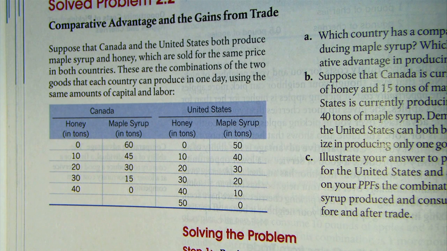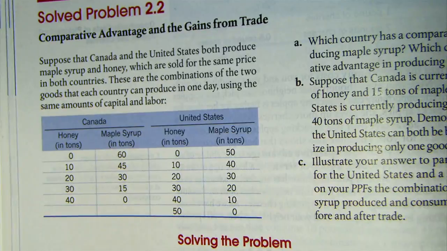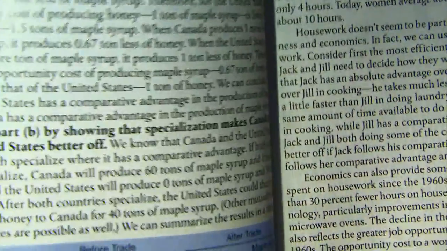So who's got the comparative advantage here? Canada, because they have a lower opportunity cost. Of course, that'd be too easy.